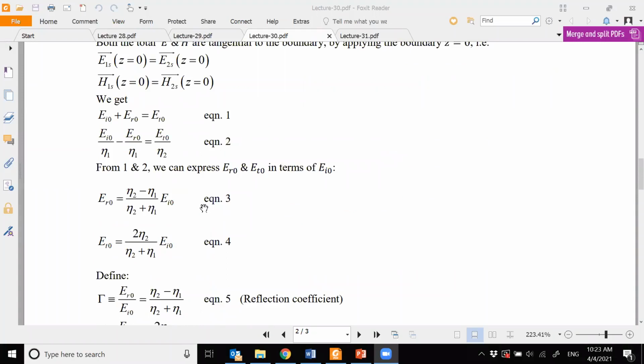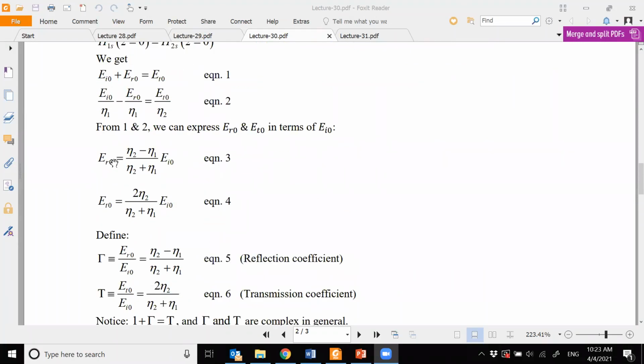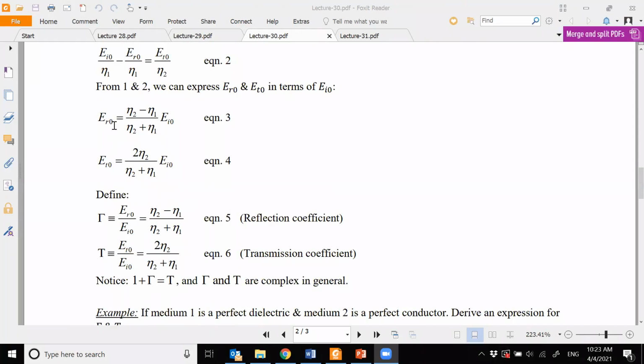Just manipulating this, we can express the reflected electric field amplitude and the transmitted field amplitude in terms of the incident: ER0 is (eta2 minus eta1) over (eta2 plus eta1) times EI0, and ET0 is 2 eta2 over (eta1 plus eta2) times EI0.